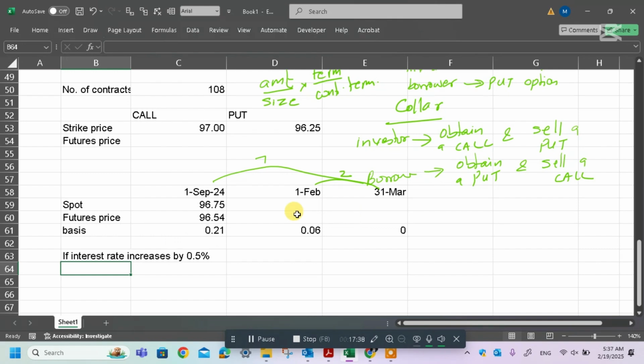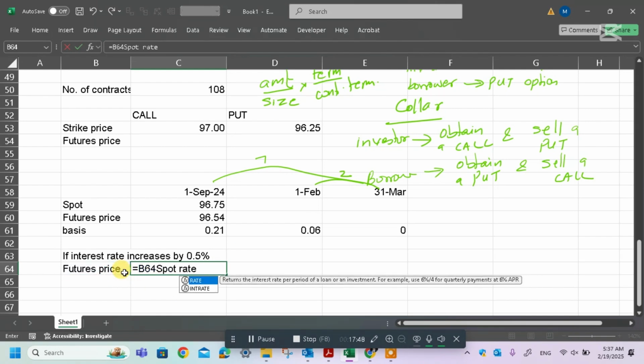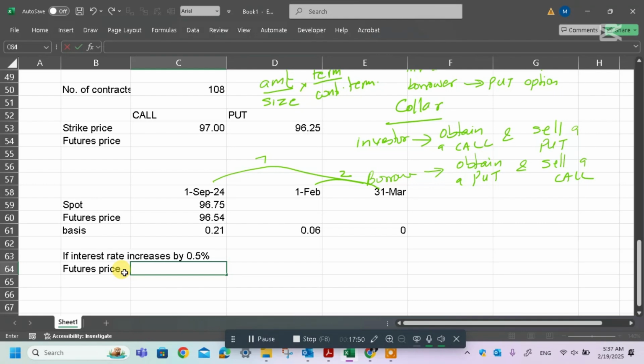Then the spot rate will be, wait, now we took 3.25%, isn't it?